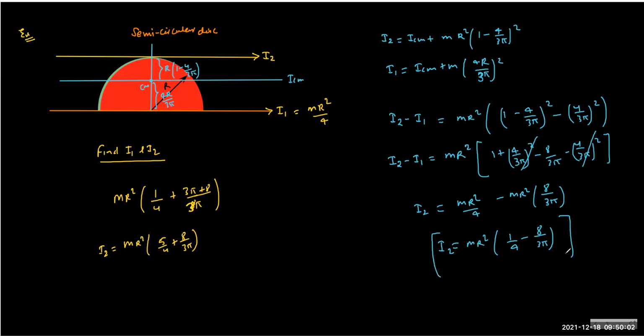So you did the same. Yes, I just made a mistake in the subtraction part. I actually did I1 minus I2. No problem. So now I hope this is clear to all of you.